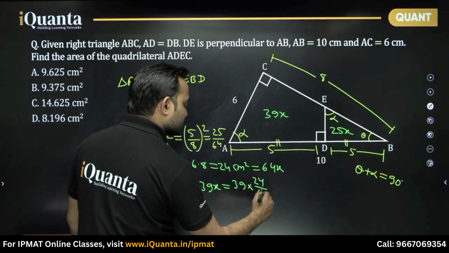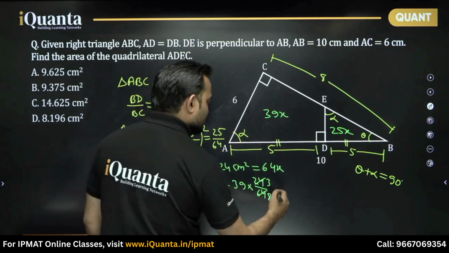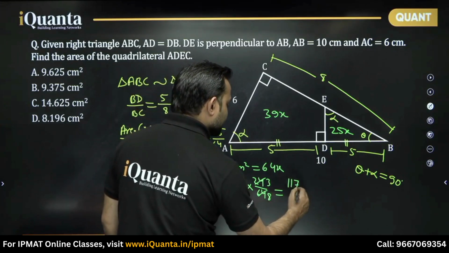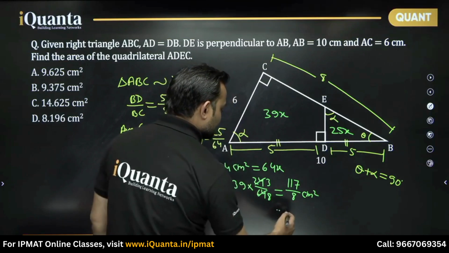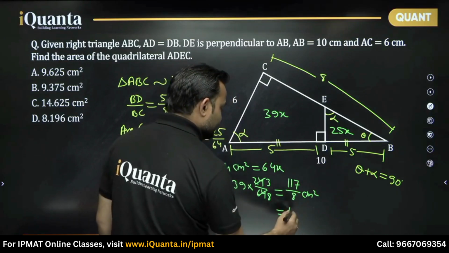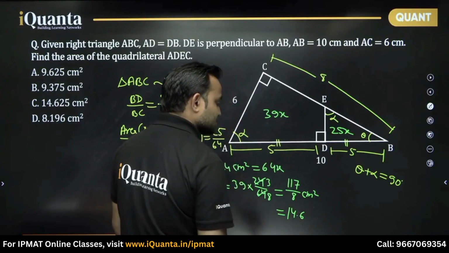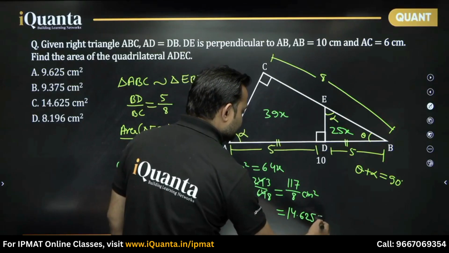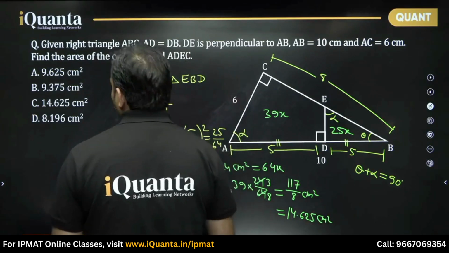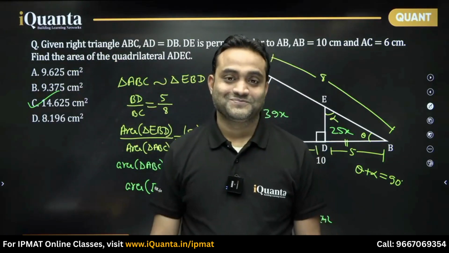So we get 117 upon 8 centimeter square, which is equal to 14.625 centimeter square, right?